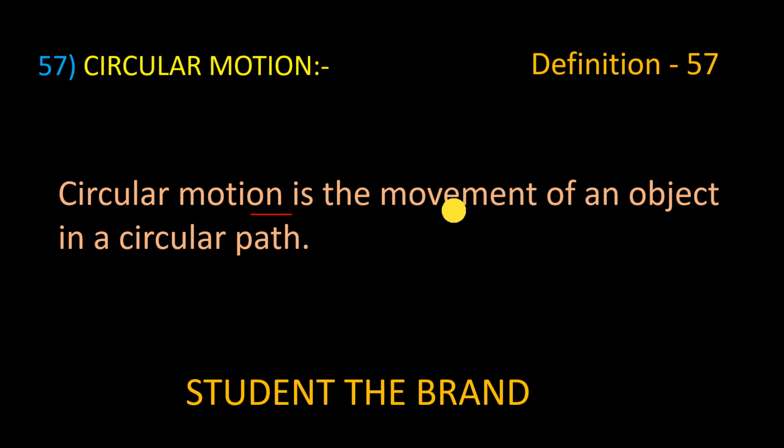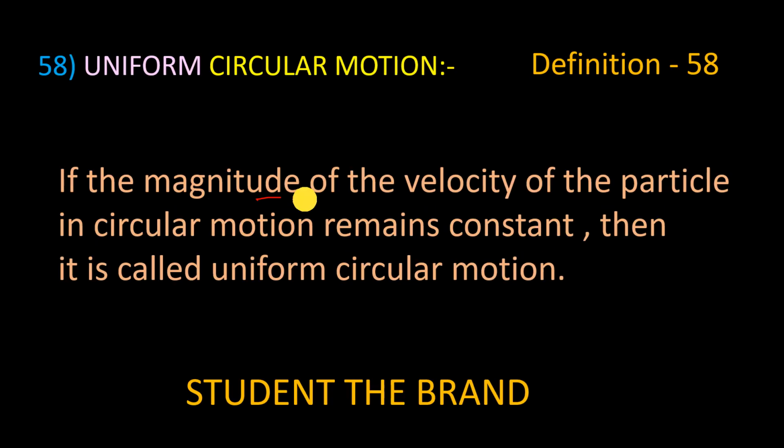Circular motion is the movement of an object in a circular path. So if it is moving in a circular path, then we can say circular motion. Uniform circular motion: if the magnitude of the velocity of the particle in circular motion remains constant, then it is called uniform circular motion.